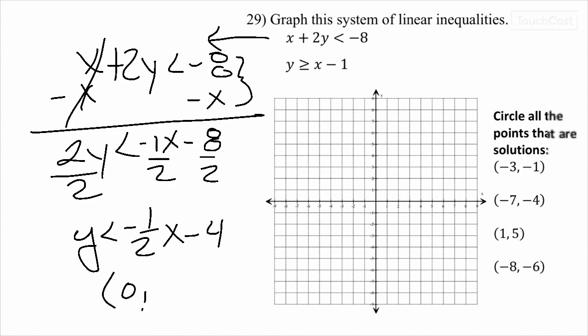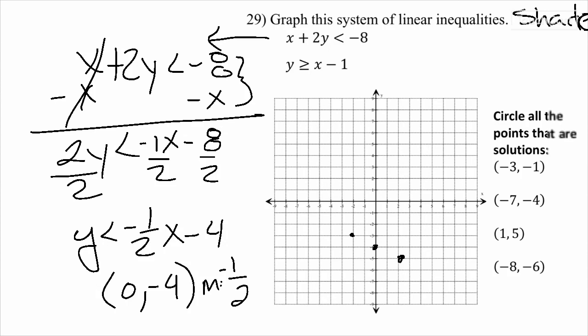And again, I start at 0, negative 4, and my slope is negative 1 over 2. So let's start there. 0, negative 4, and then down 1 to the right 2. Then up 1 to the left 2. Because it's an inequality, I'll be shading.